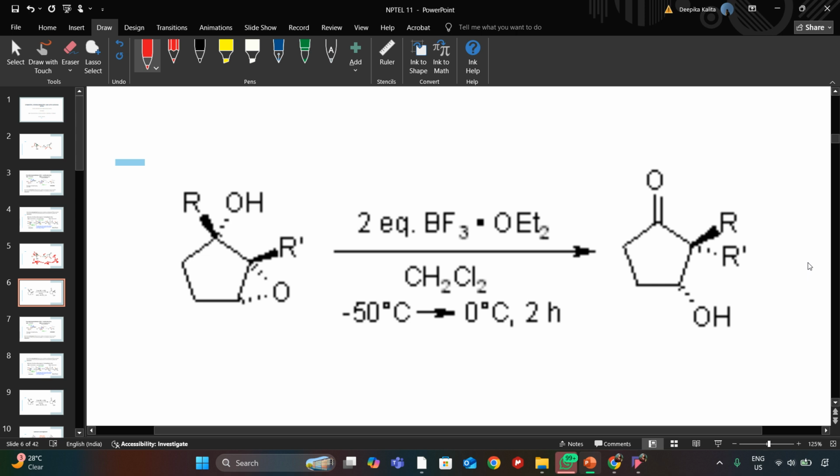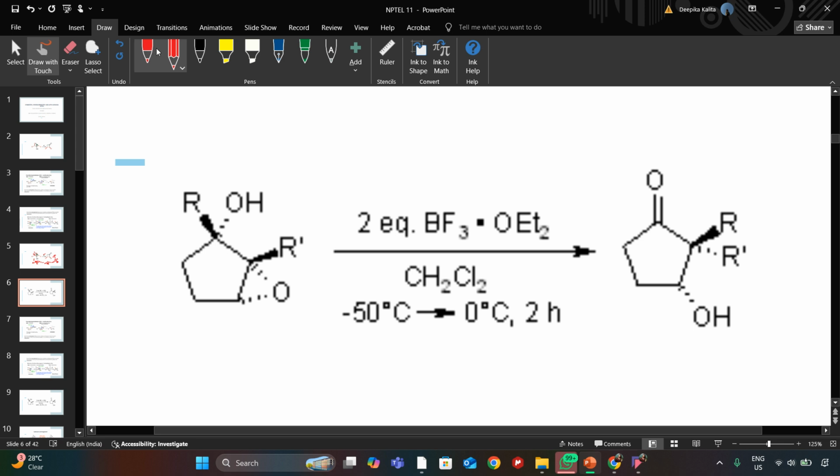Let us see how this mechanism happens. You may get confused at first that the direct diol is not provided here. It is just a hydroxy epoxide given, but the basic mechanism which the reaction is going to follow will be the same, which we just now revised.